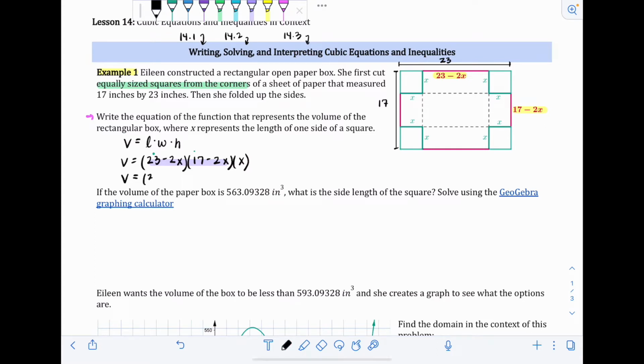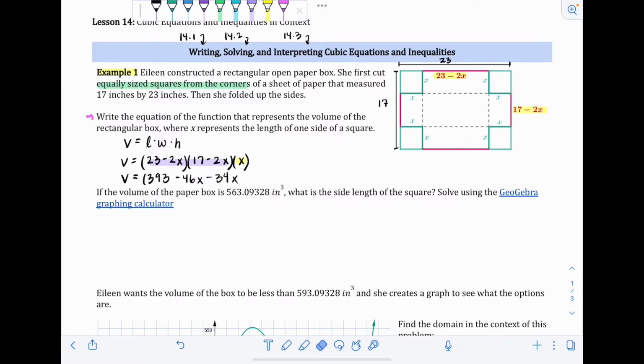This will go in parentheses since I still have that last X to multiply in also. Next is 23 times negative 2X, so that's negative 46X. And then next is negative 2X times 17, so that would be negative 34X.